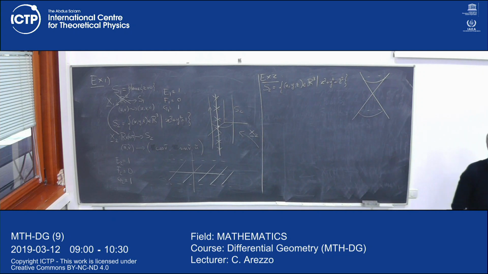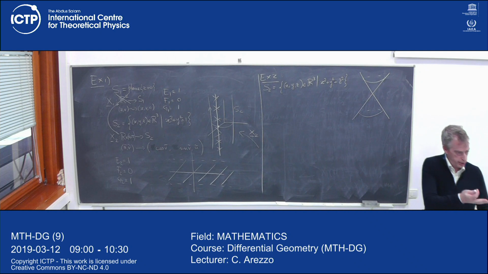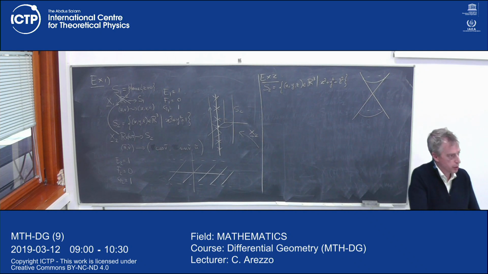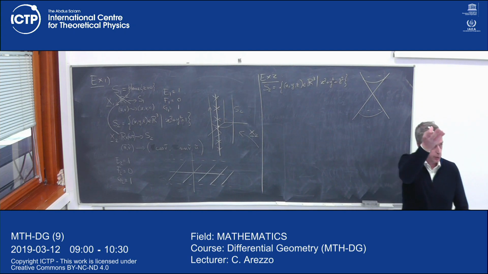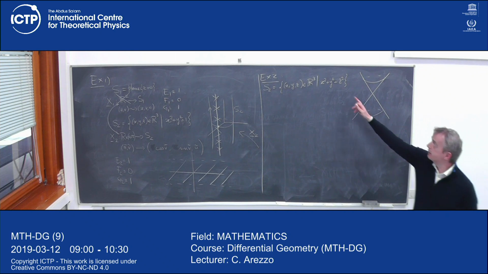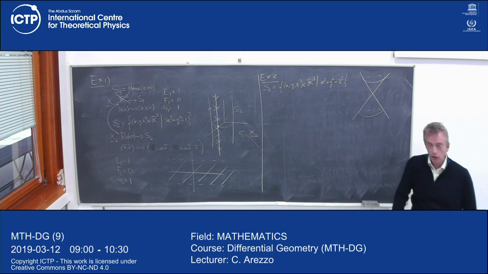Okay? So it is true. The intuition was correct in the sense that you slice it with horizontal planes, and these radii are growing either when you go up or down, because now there's a z squared here, so you can also go down.